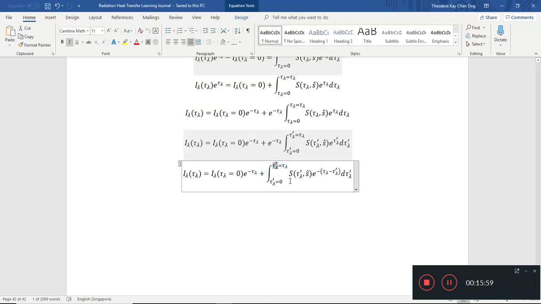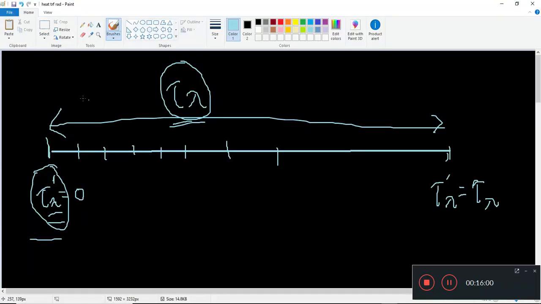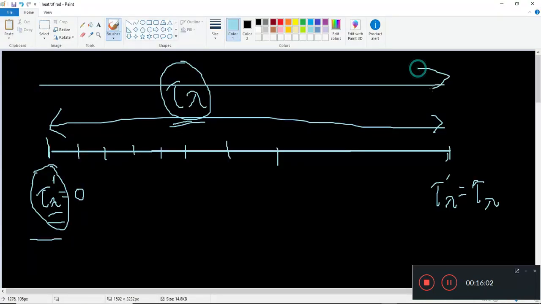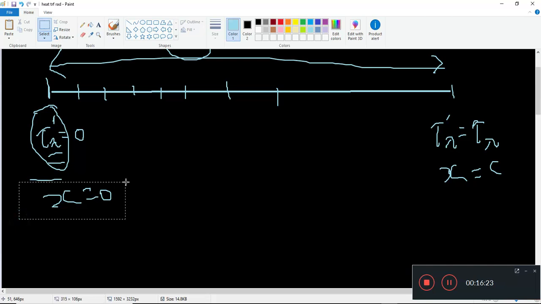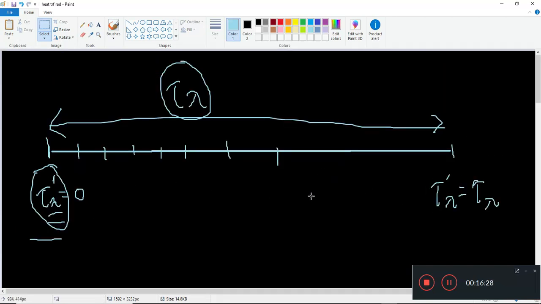Tau lambda is this whole optical thickness. Tau lambda prime is like the x-axis: x equals 0, x equals some value c. Instead of using x, we use tau lambda prime to denote this variable.